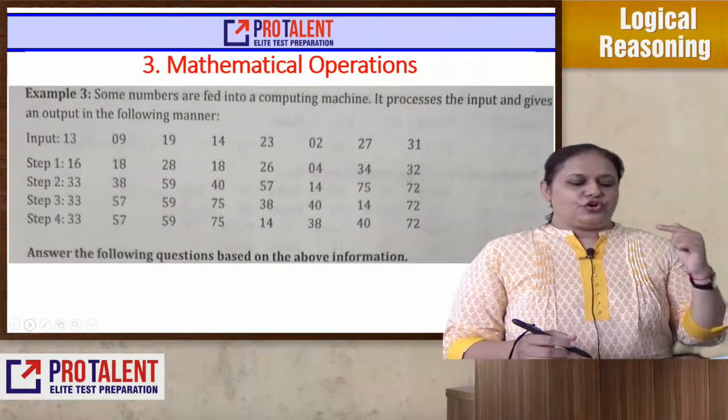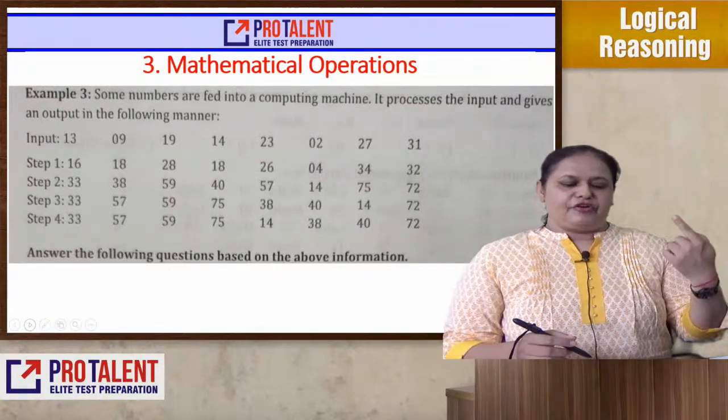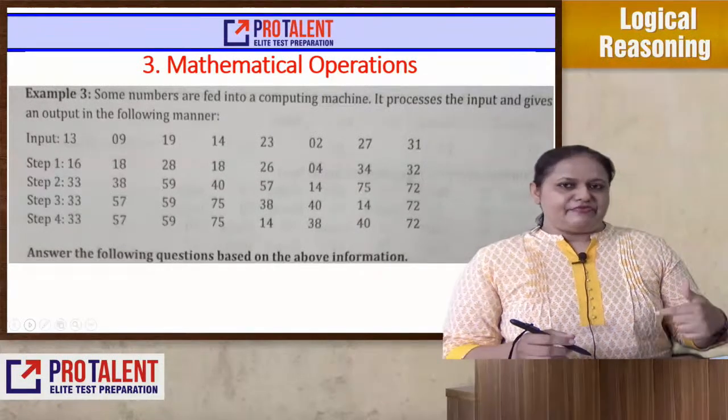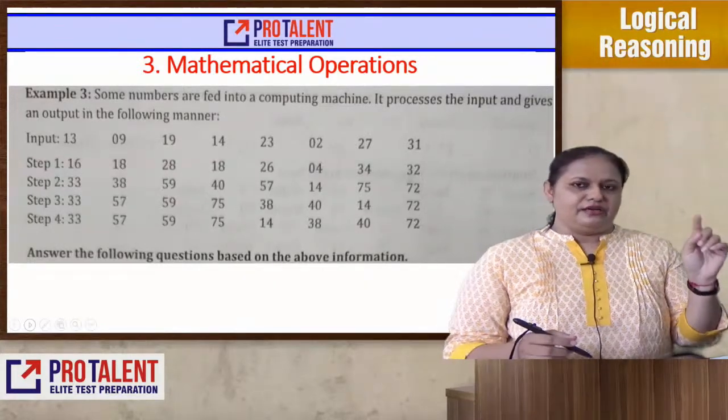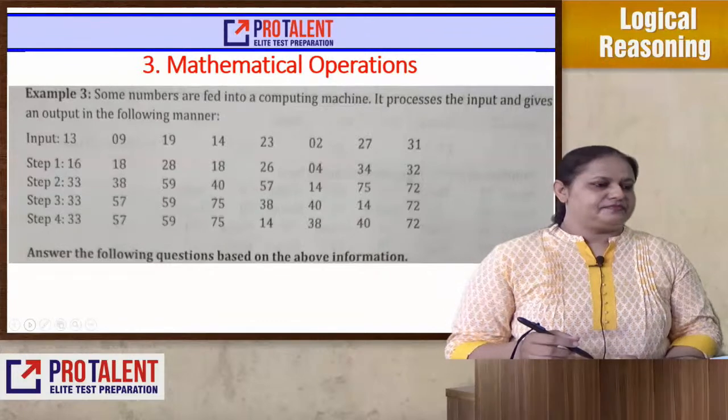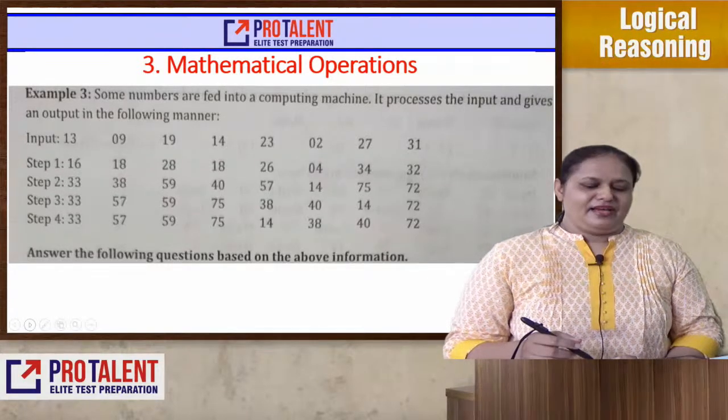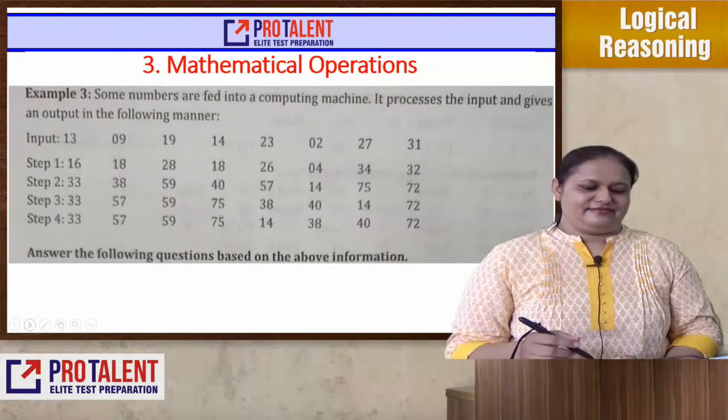Okay, so you have been given an input. From the input, how is step 1 generated? Please tell me. We'll go step by step. So for step 1, give me the logic.